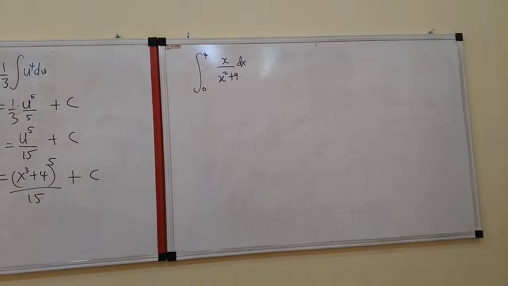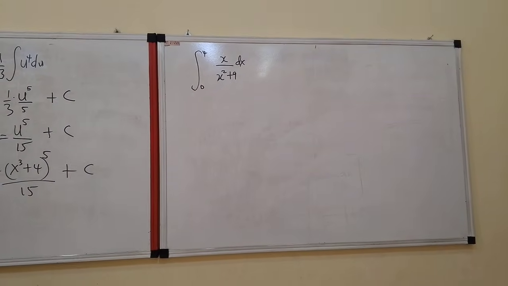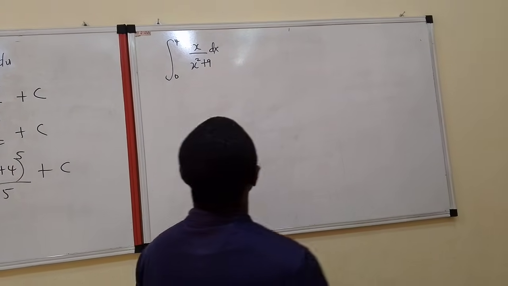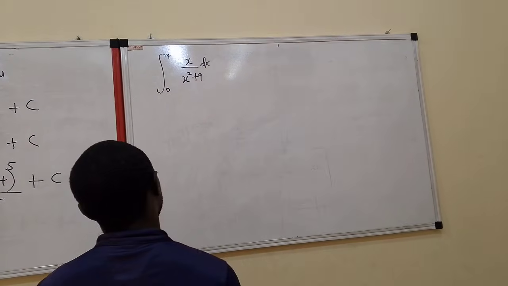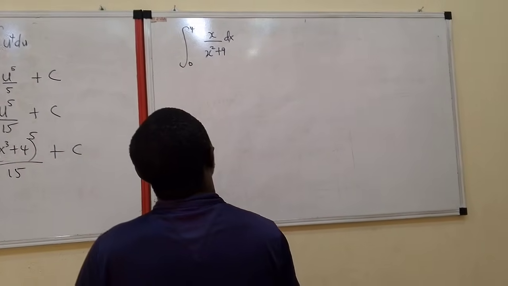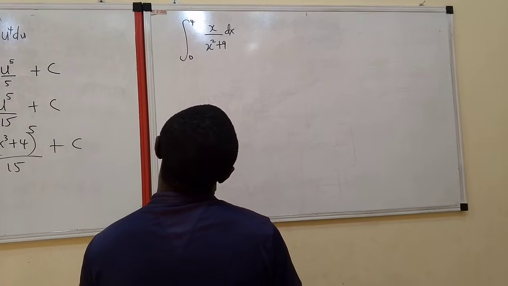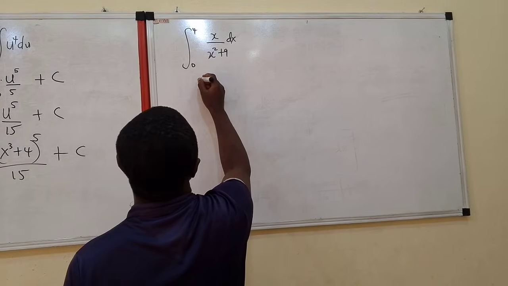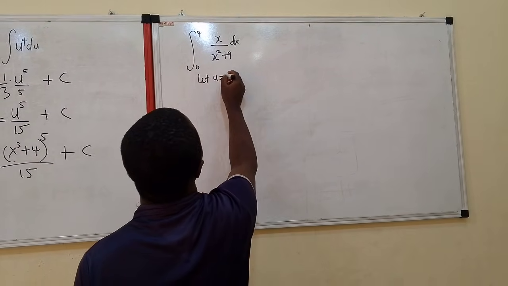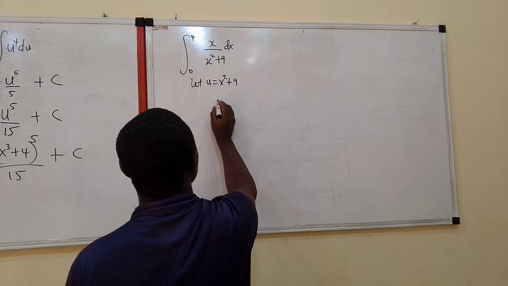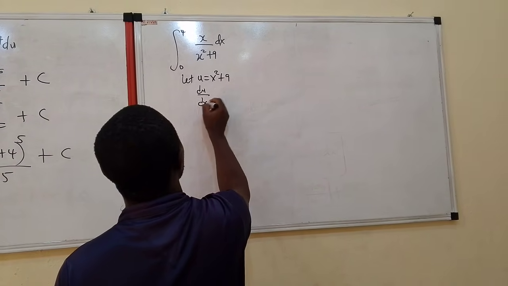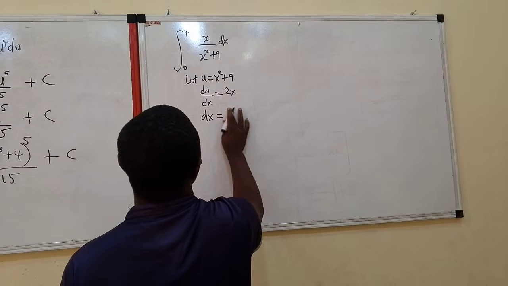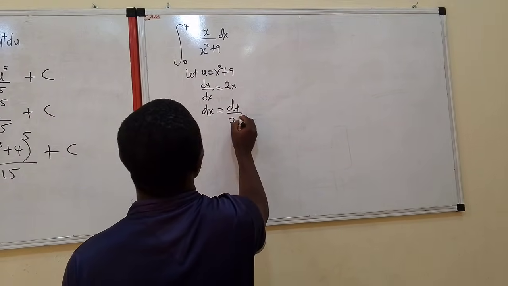We have this question. What do we do? Very simple. What we are going to do is just integrate it. So let u equal x squared plus 9. du over dx will be 2x, so dx will be du over 2x.